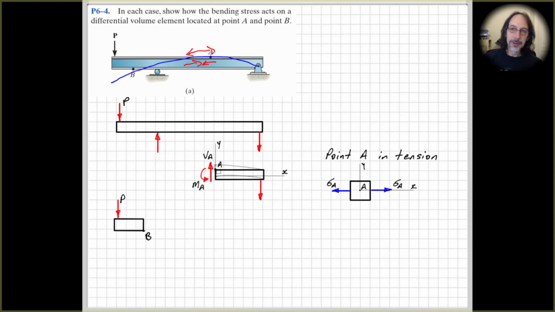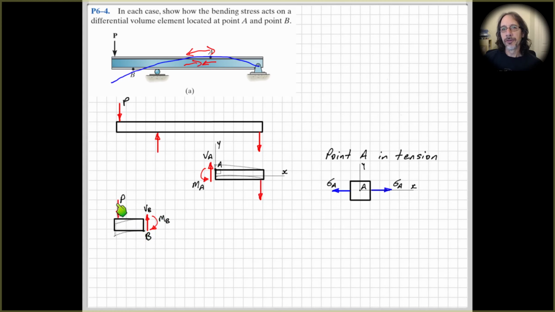So we've got our end load out here, and we put on our internal actions, a shear force and a bending moment. So again, we're not using the positive sign convention that we used when we did shear force and bending moment diagrams. We're just looking at the equilibrium problem and saying which way does this moment need to go.